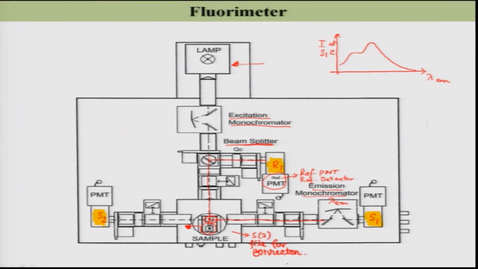Now, for example, this is for a particular lambda excitation, is it not? For this lambda excitation you will get this emission spectra and this is your intensity, and you are very happy, for a particular concentration. Next day when you come and start measuring, you have used S1C.